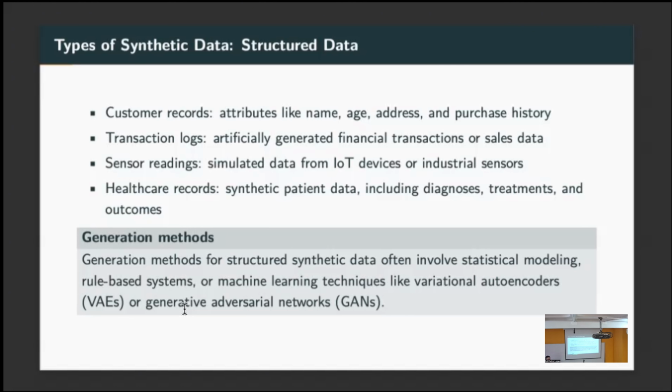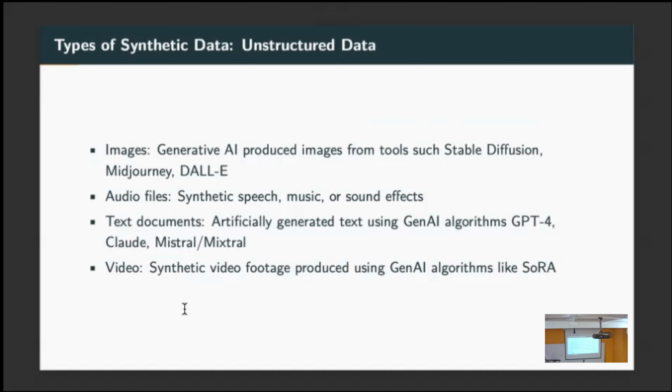Or we can use, I would say, the modern type, which is to use machine learning, deep learning models for generating data. Like, for example, variational autoencoders or generative adversarial networks or others that are also here. So there are a lot of possibilities.